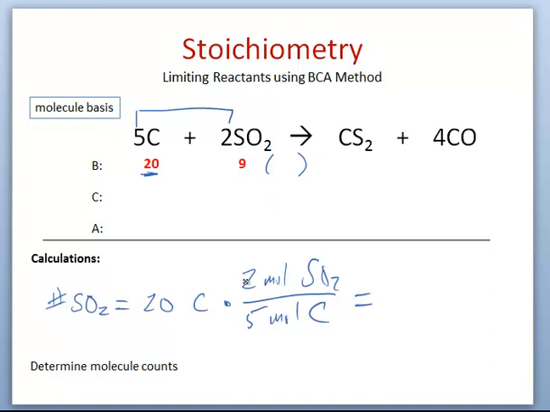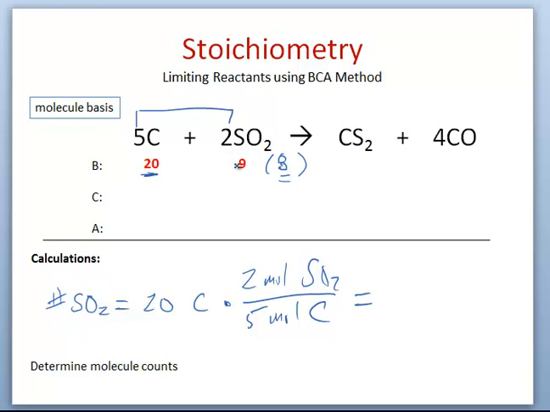Okay, so that's 2 over 5, which is basically 0.4, and multiply that by 20, and you get 8. Okay, so what that means is if we want to completely use up these 20 atoms of carbon, we're going to need 8 molecules of sulfur dioxide.